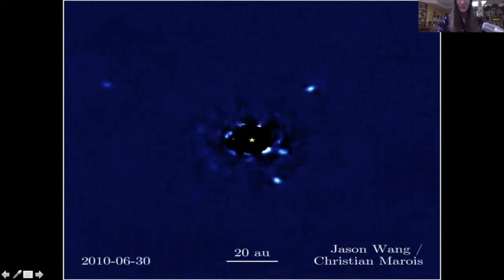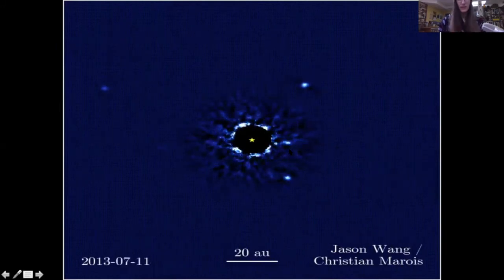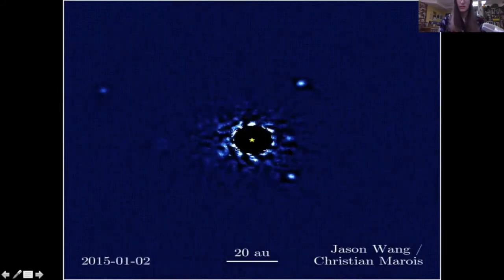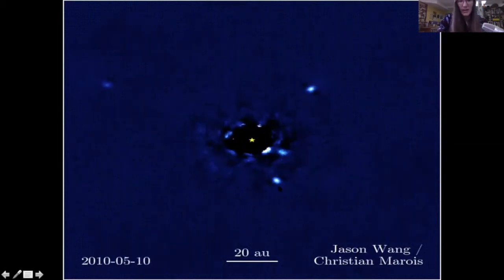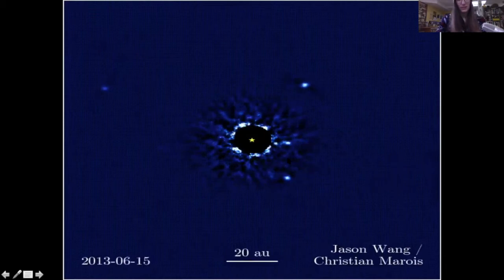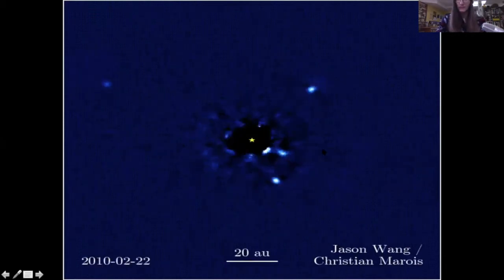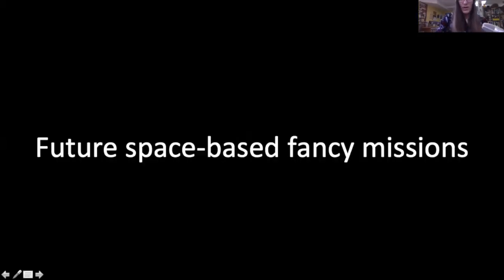Like, we're seeing planets around another star with our eyes. But you have to use a lot of fancy optical tricks to do it, and it's very hard. And these planets are huge. They're really big. They're like the size of Jupiter or Neptune, and they're really far away. So that's one way to do it on Earth.